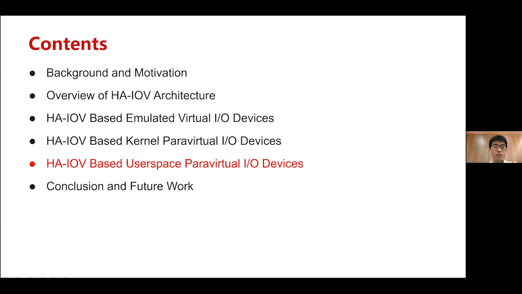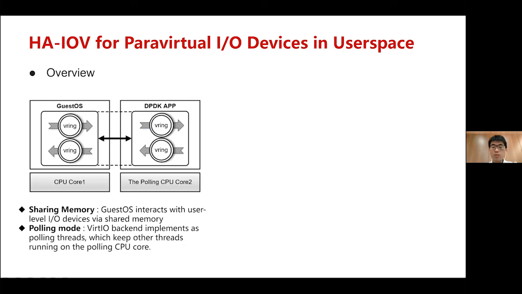Finally, to improve CPU utilization, polling mode is replaced by virtual event interrupt and hardware-assisted context switch in our approach. In the polling mode, guests interact with user-level I/O devices via shared memory between guest and host.